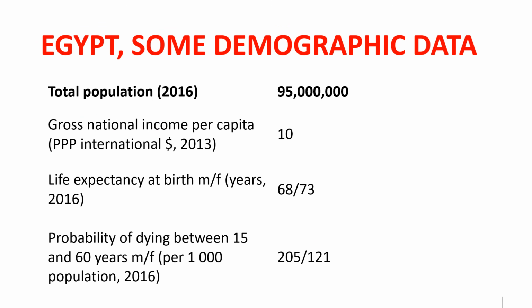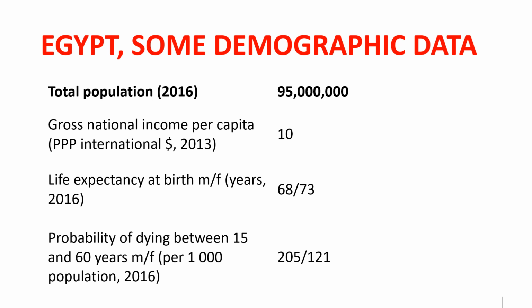We will mention some demographic data for Egypt. Total population at 2016, 95 millions. Gross national income per capita is $10.